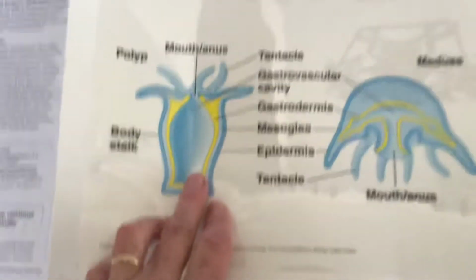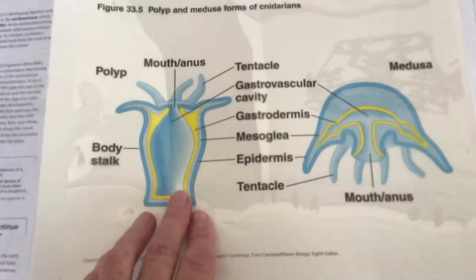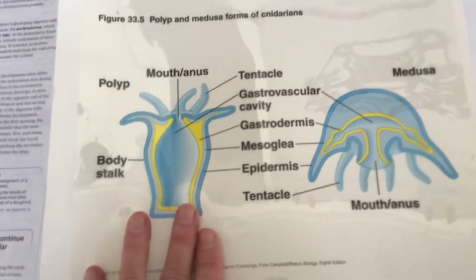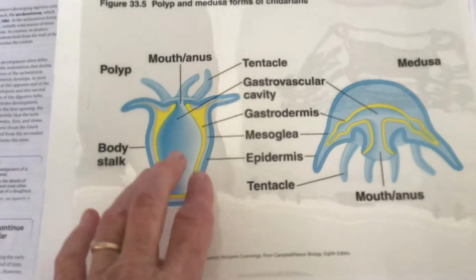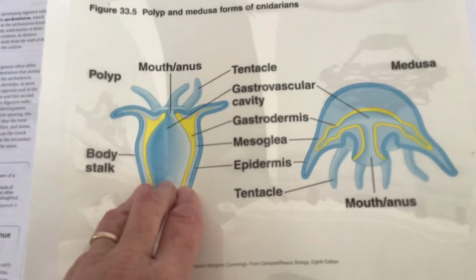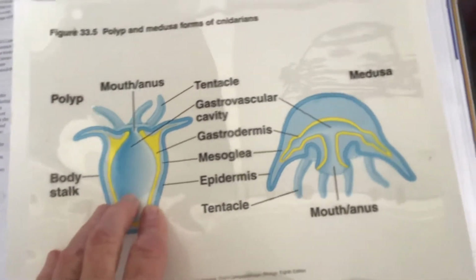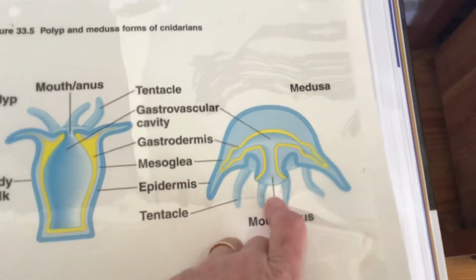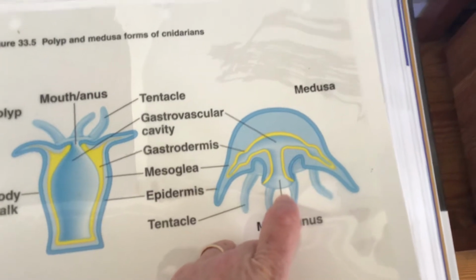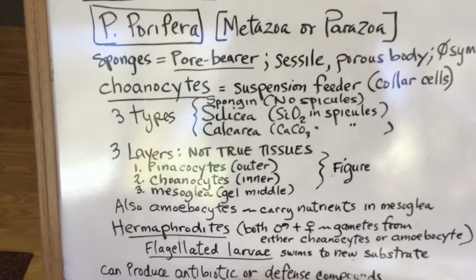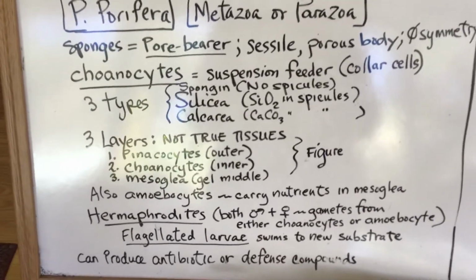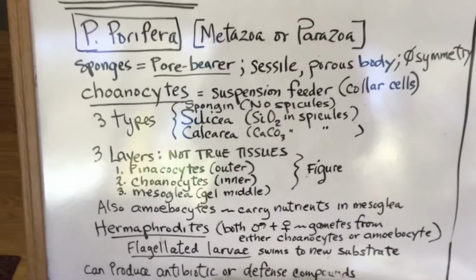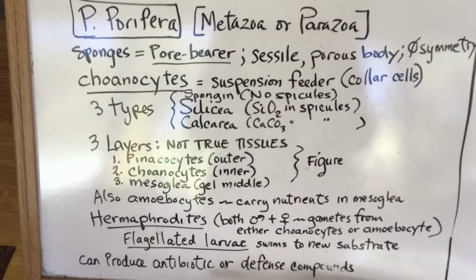So in this case, these organisms are receiving all of their nutrients and so forth from the water that surrounds each of the cells. And the medusa stage is similar, except the mouth-anus is down, and otherwise it's doing that. I just want to mention here, I forgot to say, that in Porifera, they also receive all of their nutrients and get rid of all of their waste from the water that surrounds them.